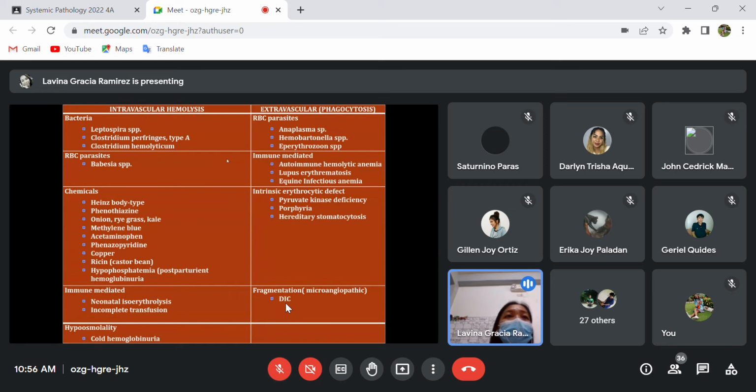Your parasites naman, your Babesia in your parasitology, they use the RBC to multiply. Tama ba? So, they destroy. Yung mga disrupted na RBC na yan, they are part of the lysed RBC. So, ano yung keynote natin dito?